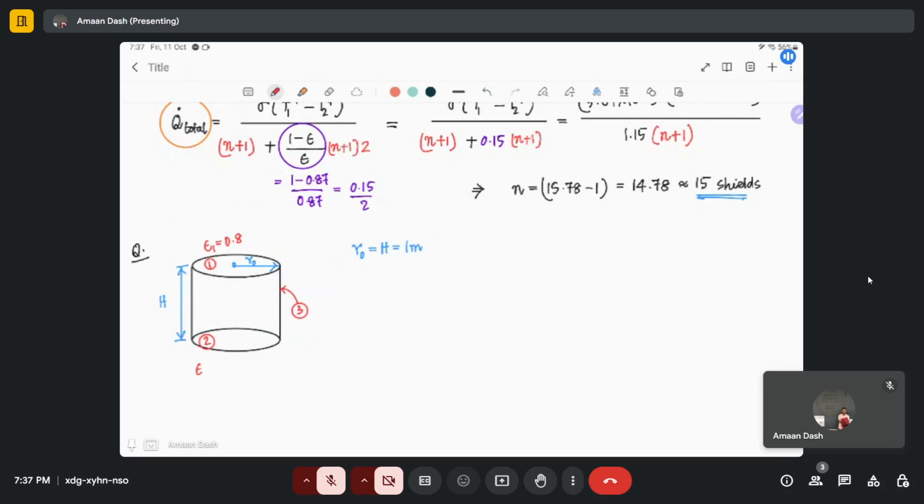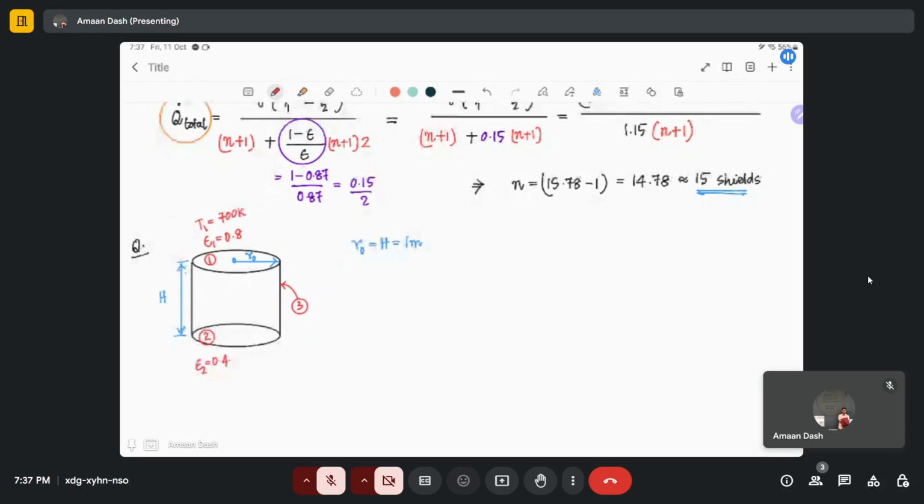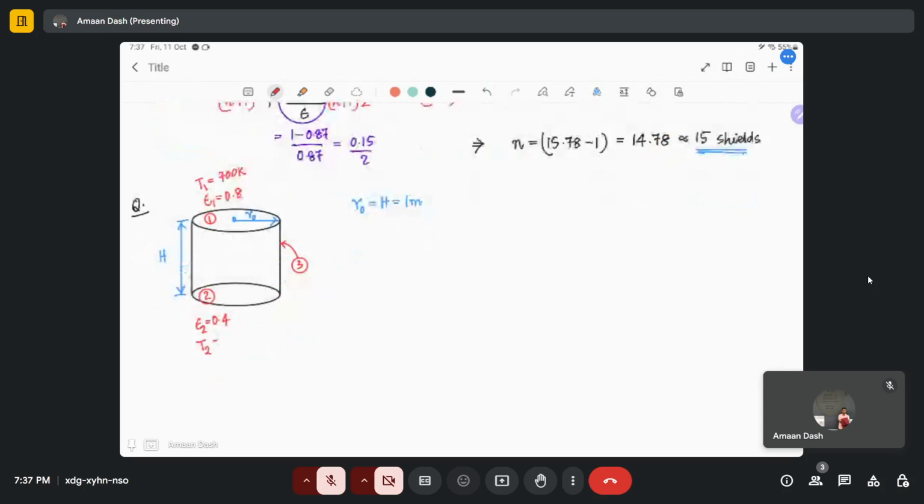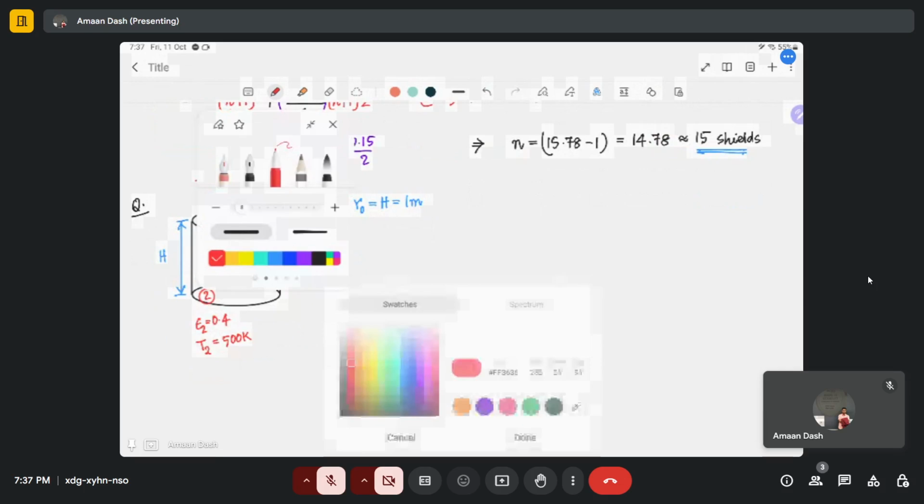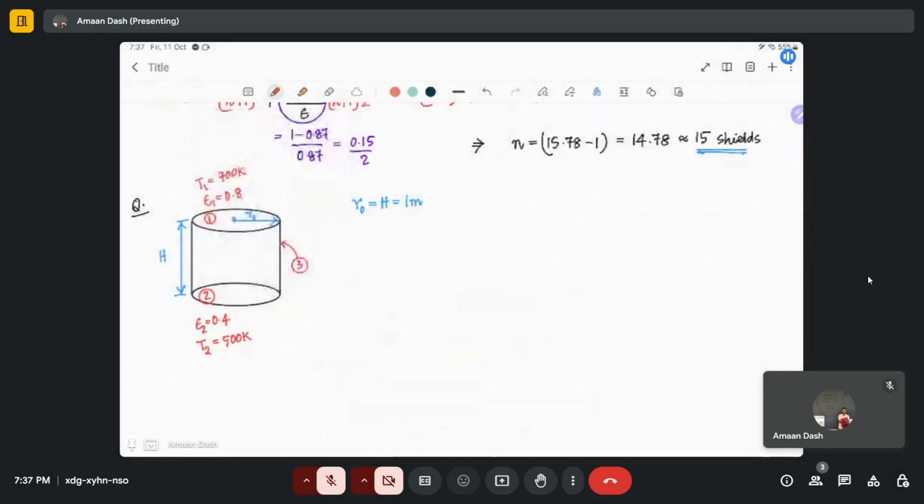So the radius and the height, I'm drawing it here. The height, they both are equal.